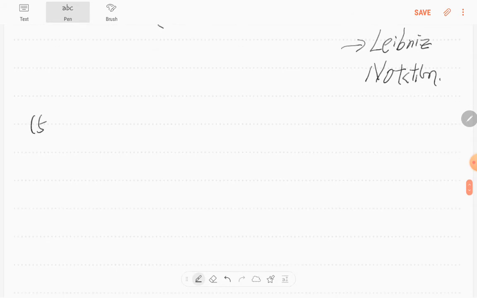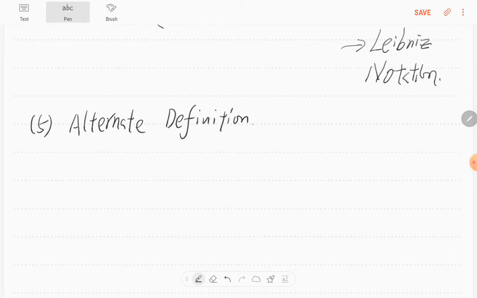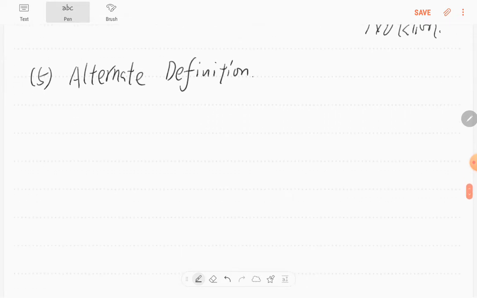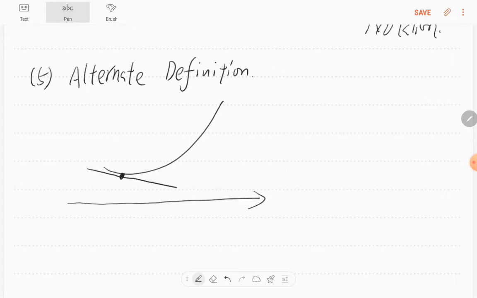Number 5, we have an alternate definition. This is the curve we have, and then we have a point here, and then we have the tangent line.